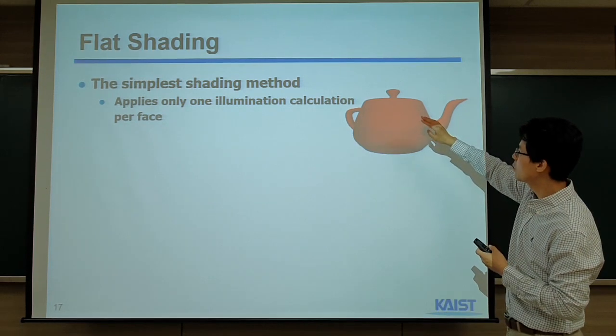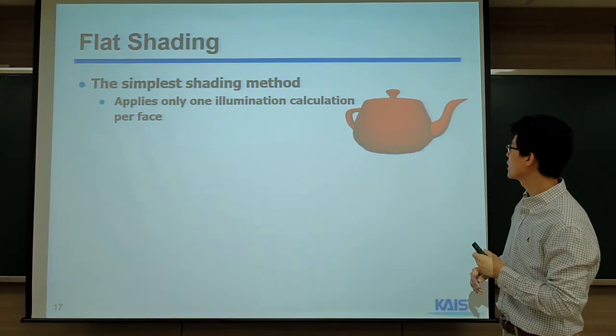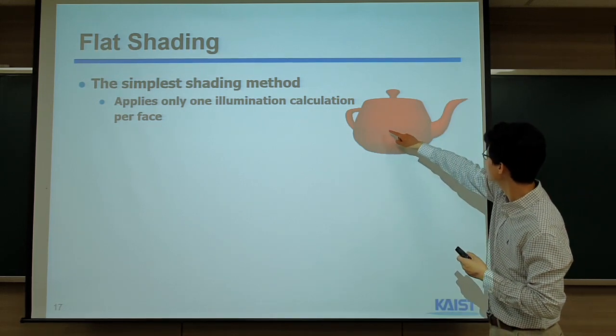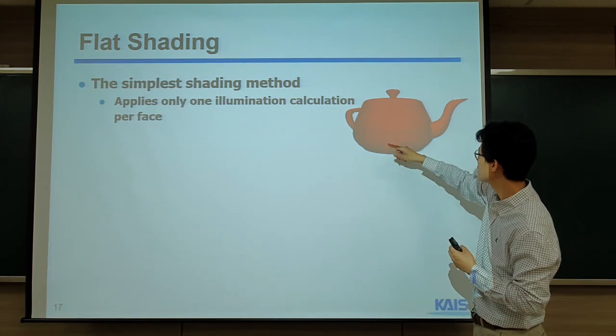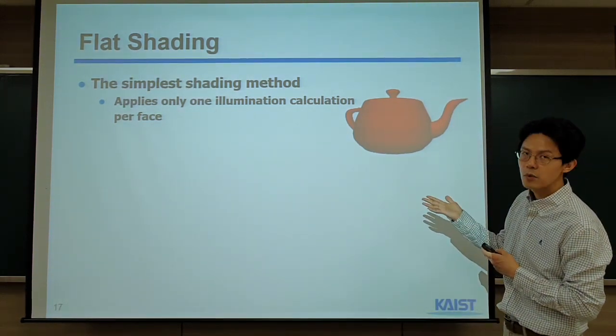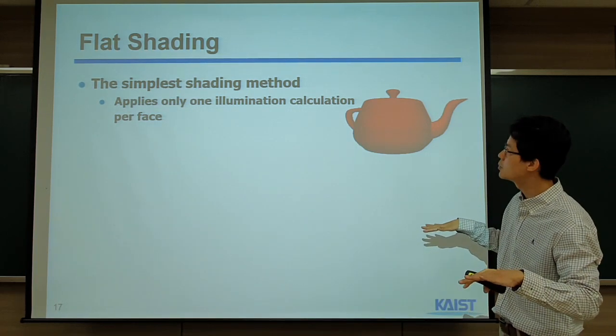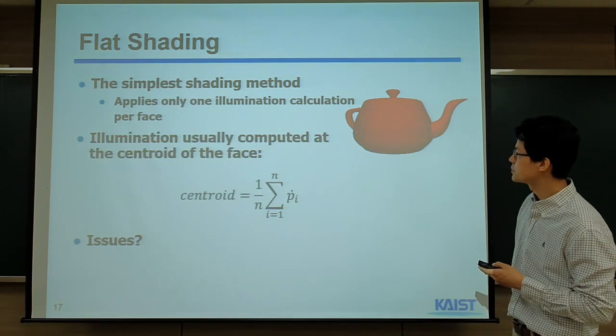So across different triangles we should have a different color. Then you can see that we get this very clear color change across these different triangles. So this is simply a shading model with poor quality.